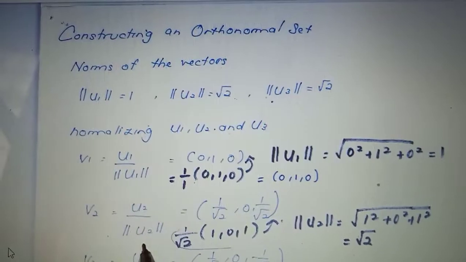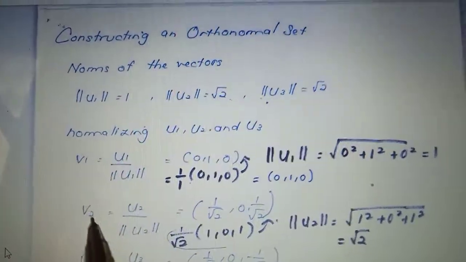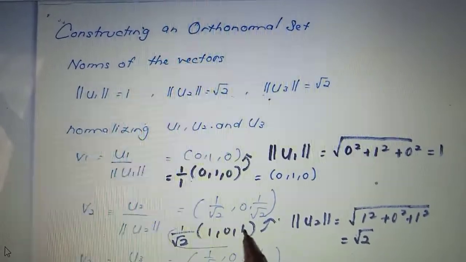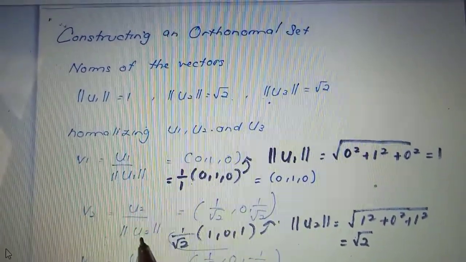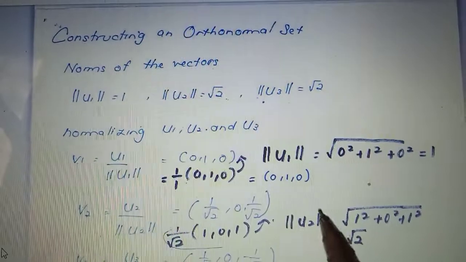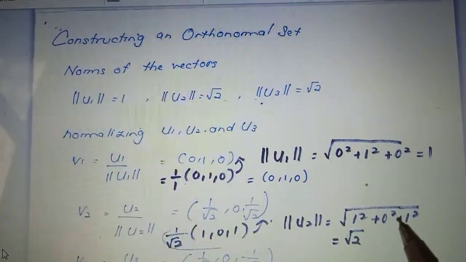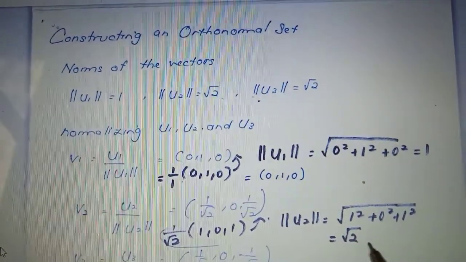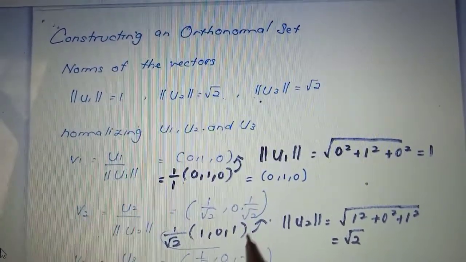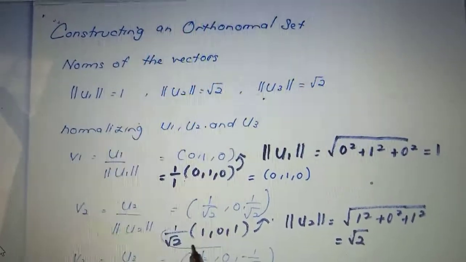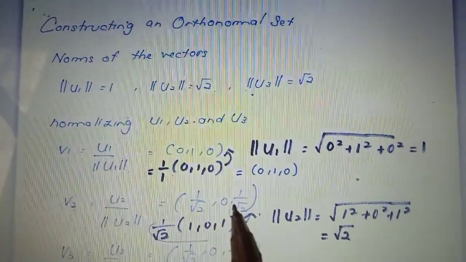Now next for u2. u2 over norm of u2 is, let's say, v2. u2 earlier is 1, 0, 1. The norm of u2 from the formula is 1 square plus 0 square plus 1 square, which is 2. Therefore v2 is given by 1, 0, 1 over 2, which is this one.